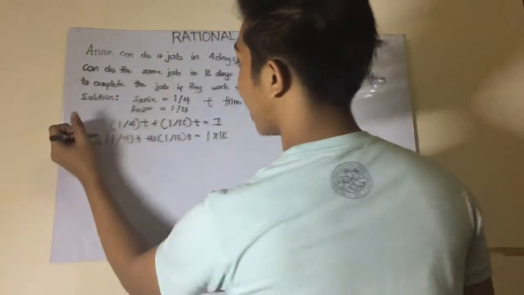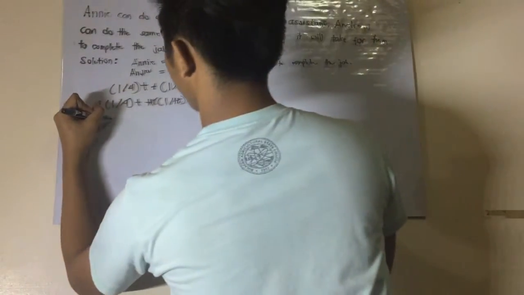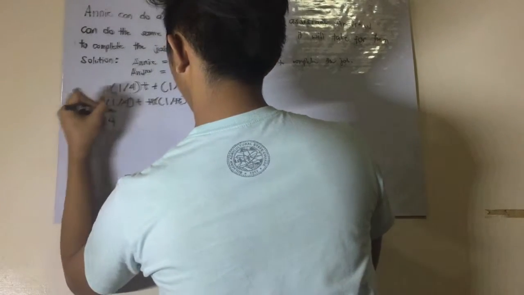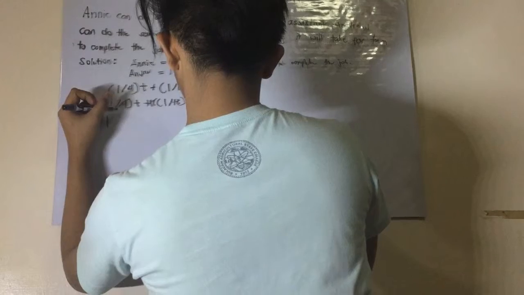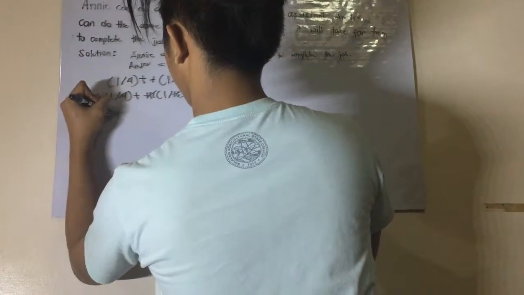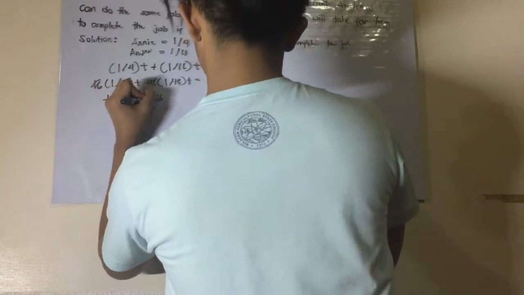So, magka-cancel to dito. Ito dito, magiging T plus 4T is equals to 16.